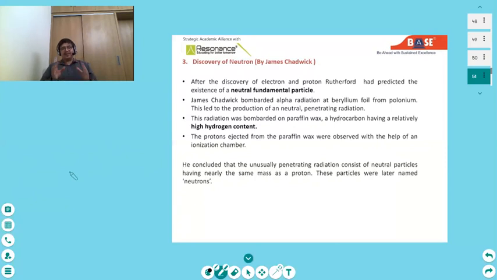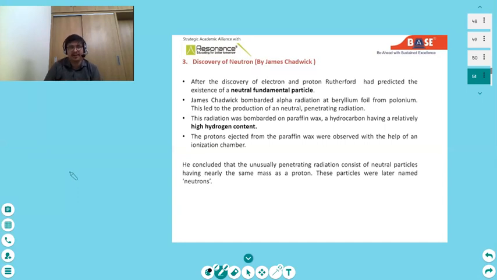The idea of electron discovery was to find out whether atom is divisible or not. The idea of proton discovery was because atom is neutral. That's why proton was discovered after electron. Now, after discovery of electron and proton, we got to know atom is neutral. Neutrality concept is there. But the atomic number and the mass number values differed.